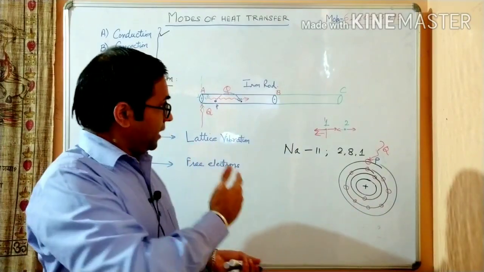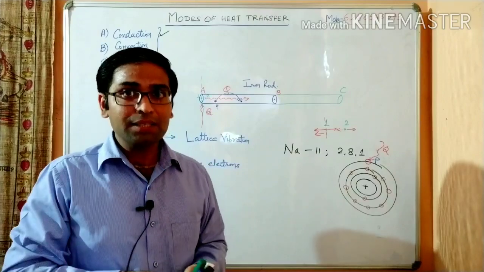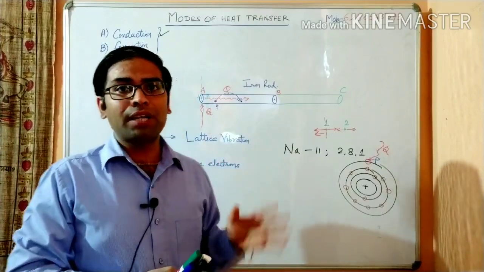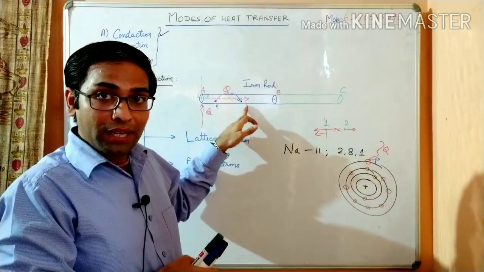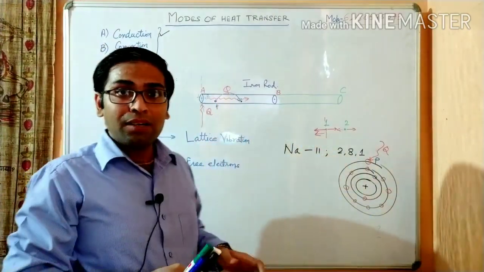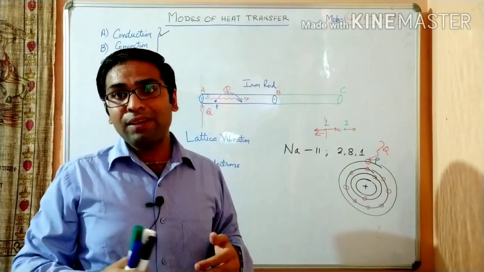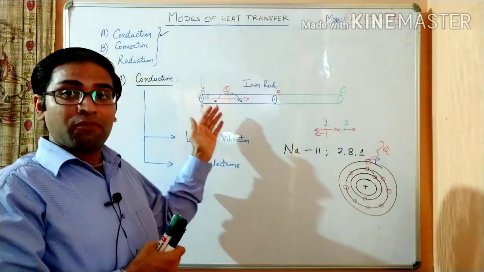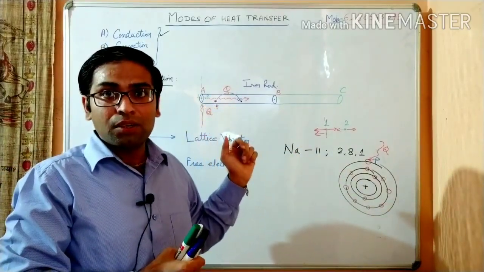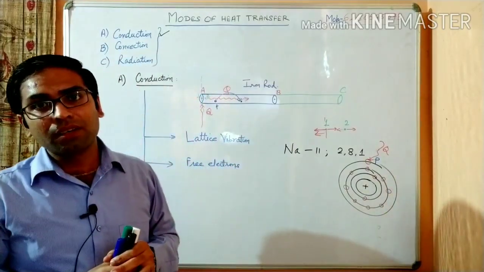So this jumping of the free electrons within the material is responsible for the conduction mode of heat transfer, because when they jump from one region to another, they will not jump by themselves only. They will not be alone. They will carry thermal energy with them, which they had received before jumping. So they act as thermal energy carriers within the material.